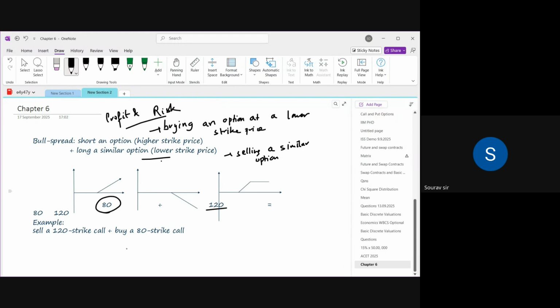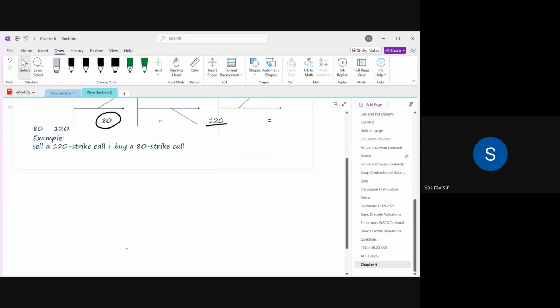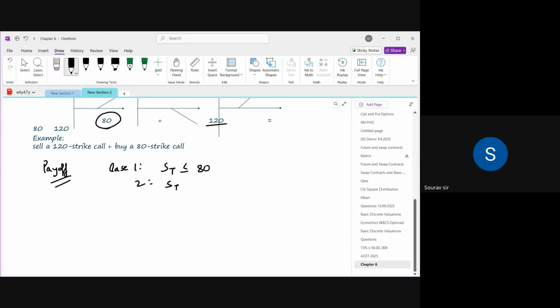So what is the payoff finally at expiration if we go with this? Case 1, you have ST less than or equal to 80. So both options expire worthless, so the loss is the net premium paid. Case 2, ST between 80 and 120. The long 80 call payoff means ST minus 80 and the short 120 call payoff means 0.